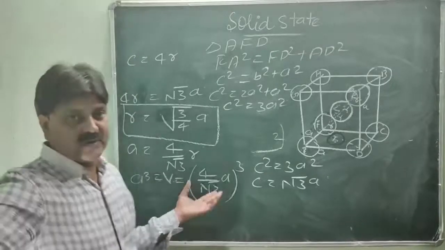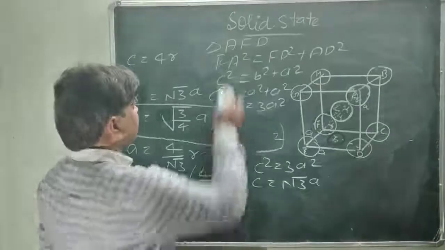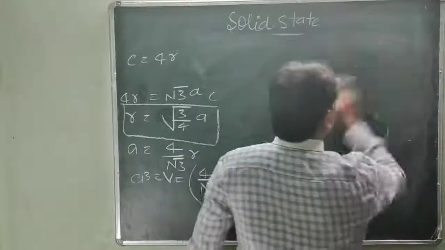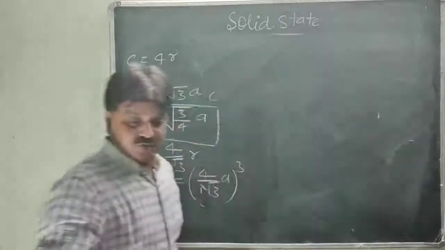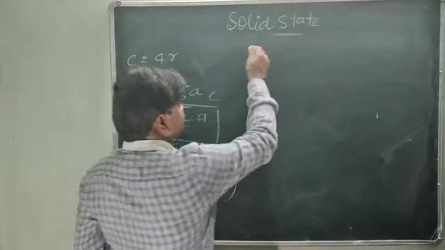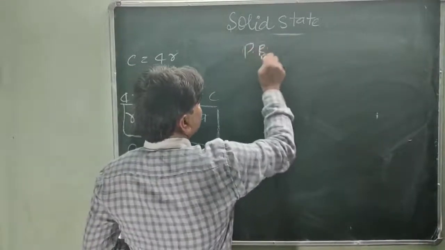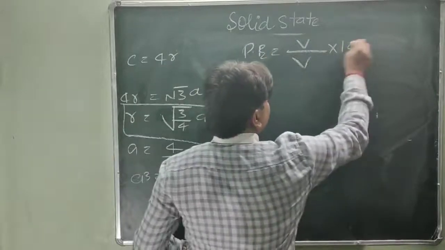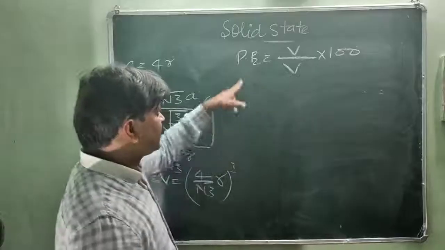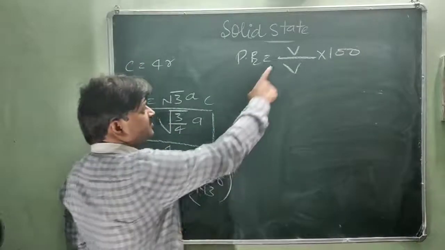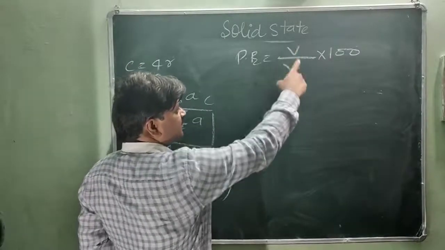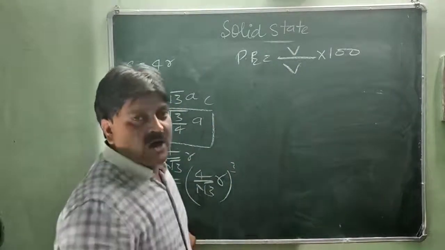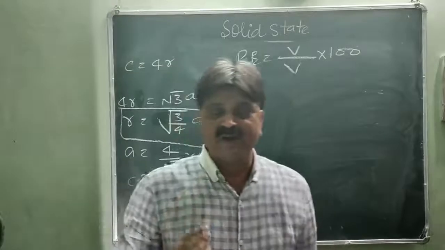Now we will put the value in the packing efficiency formula. So we know that packing efficiency is equal to small v upon capital V into 100. So small v, what is the number of atoms in BCC?